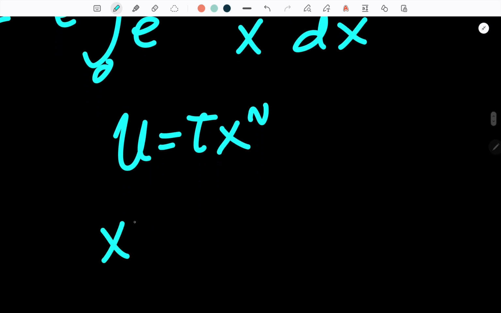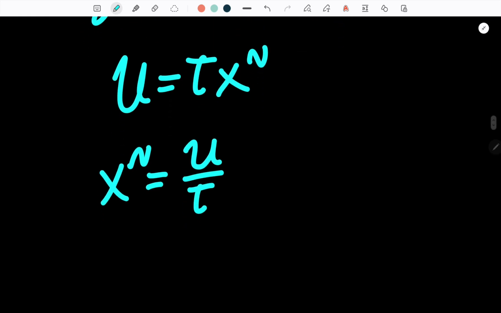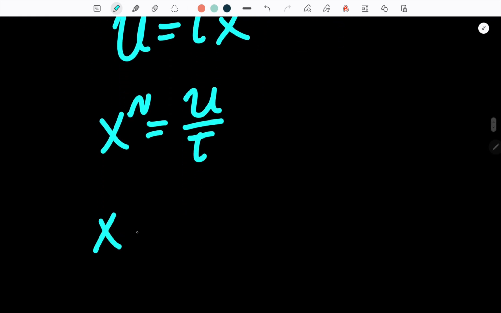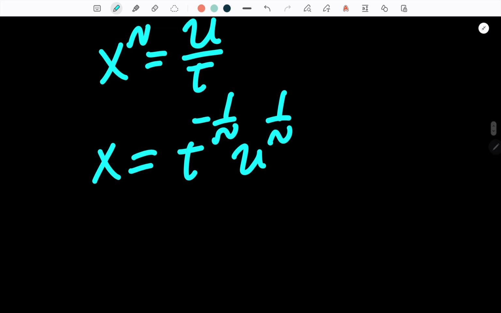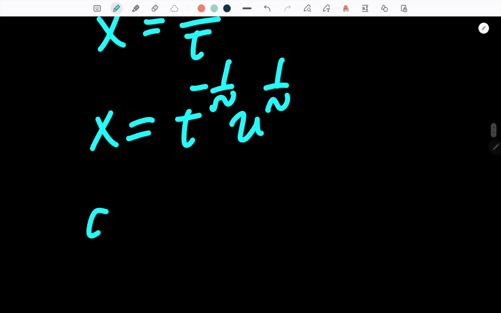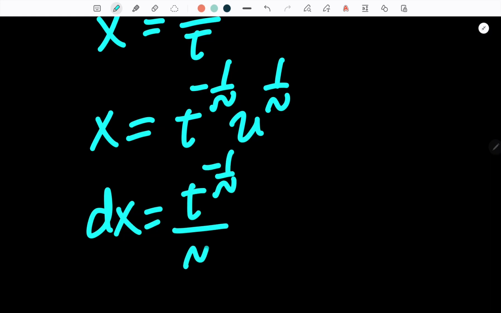This means that x to the n is going to be u over t, or x is equal to t to the negative 1 over n, and then u to the 1 over n. Now let's differentiate both sides to find our differential element. We have dx is going to be t to the negative 1 over n divided by n times u to the 1 over n minus 1 du.